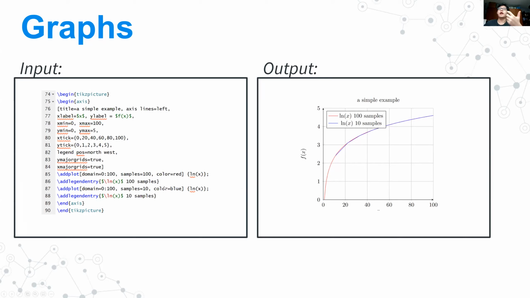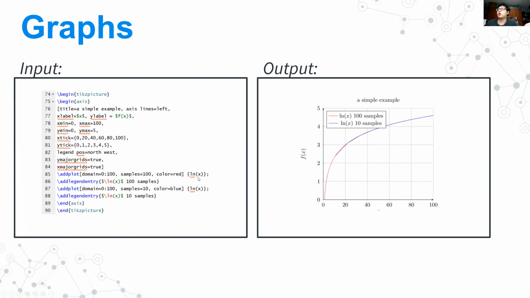So the more samples you have, the smoother your graph will be. For example, here I have 100 samples, so it will give me a very smooth red curve, as you can see over here. The color is red, followed by whatever function I want to call.